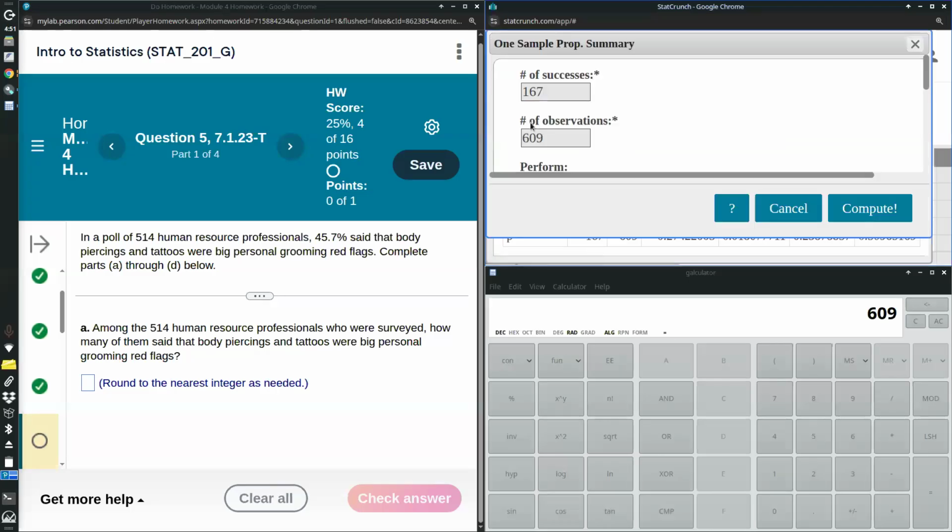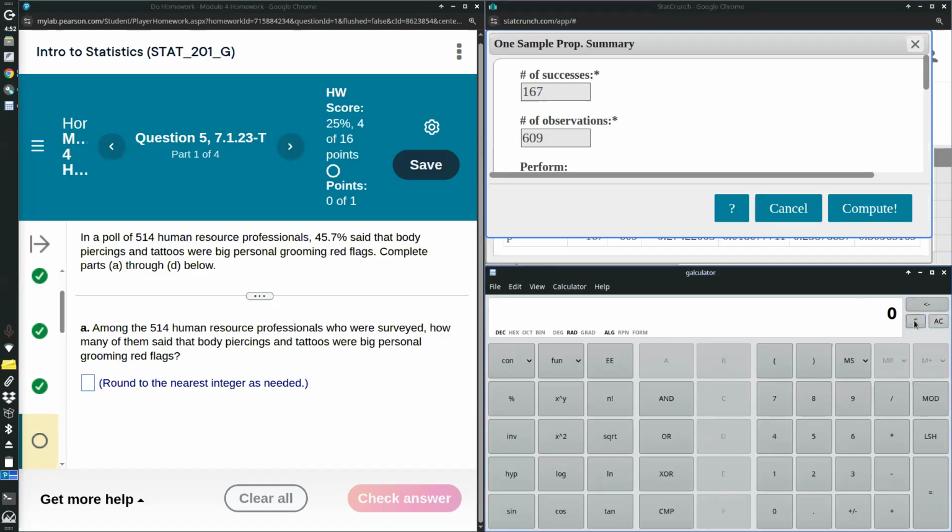Yeah, so we should still be on this whole type of thing for today. One sample stuff. Next time we'll get into some of the two sample. Okay, so in a poll of 514, it says 45.7. So we can use a little math to figure that out.